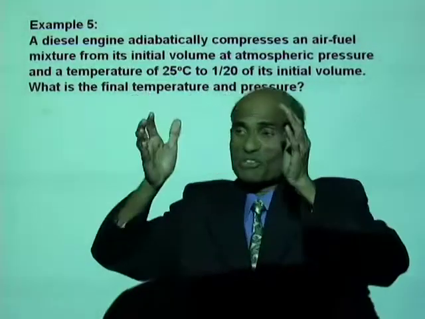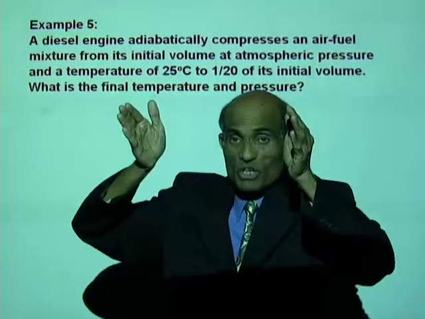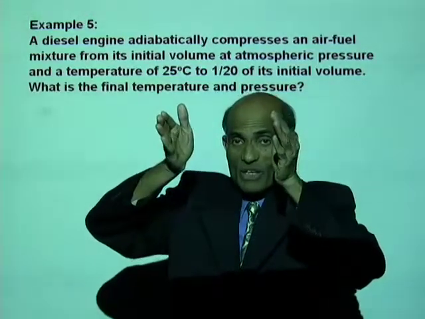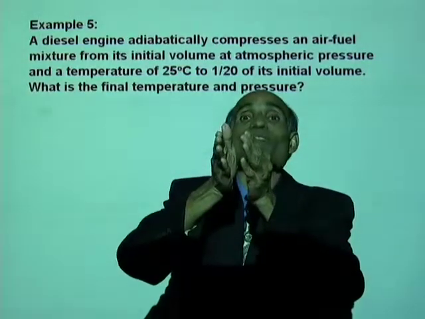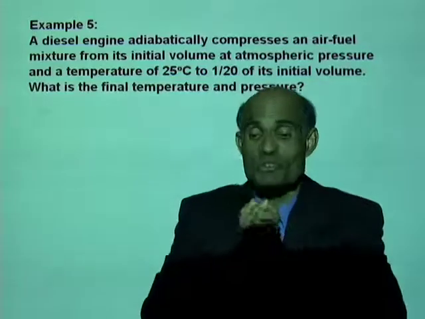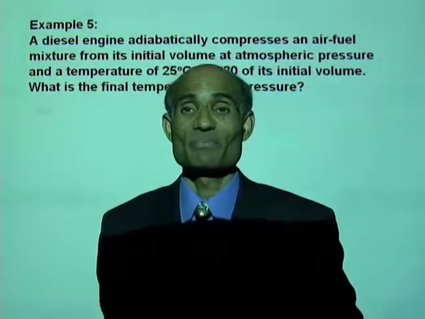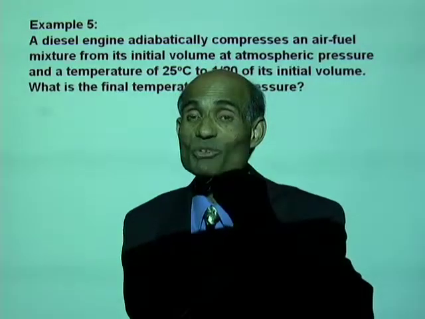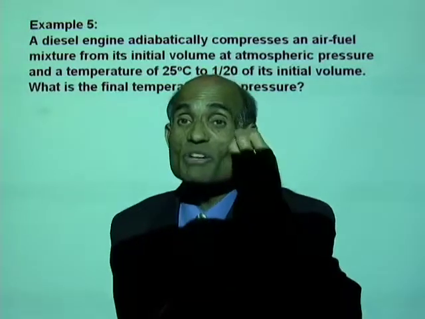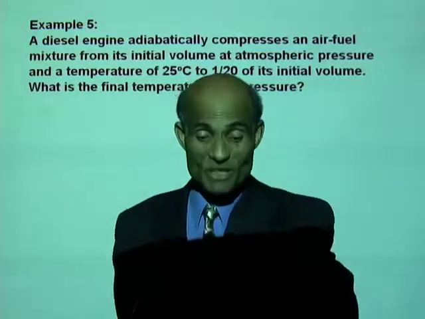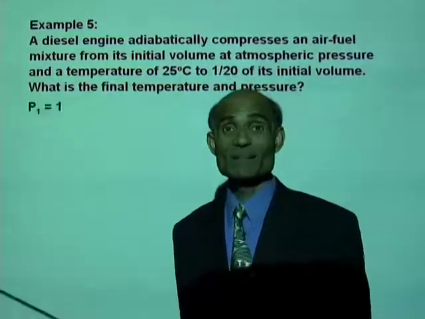So inside the cylinder, the piston moves so that the initial volume V1 is compressed to 1/20th of its initial value. What does that tell you in order to solve this problem? It gives you a very important quantity: V1 over V2. What is V1 over V2 in this case? It is 20. That's right.